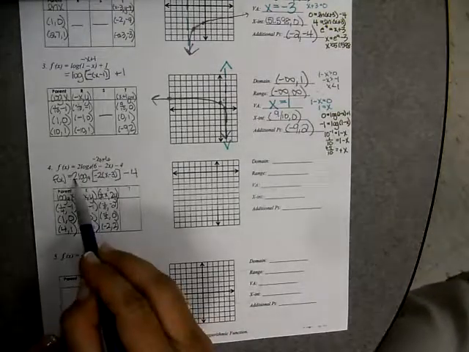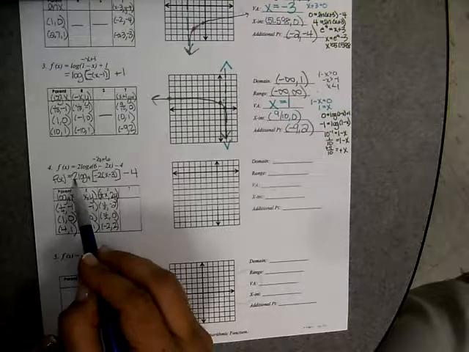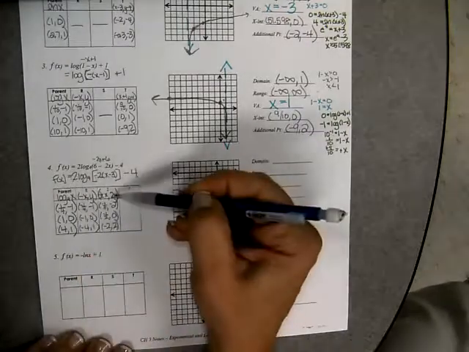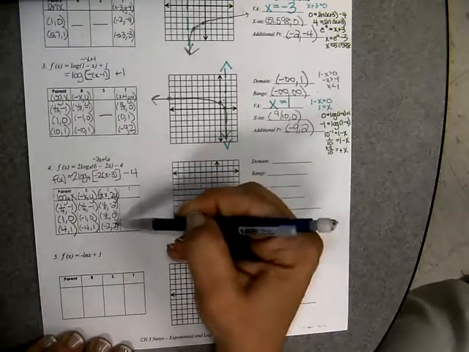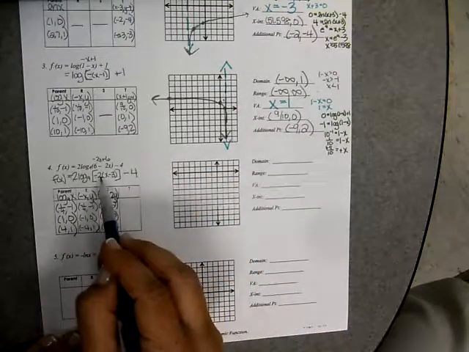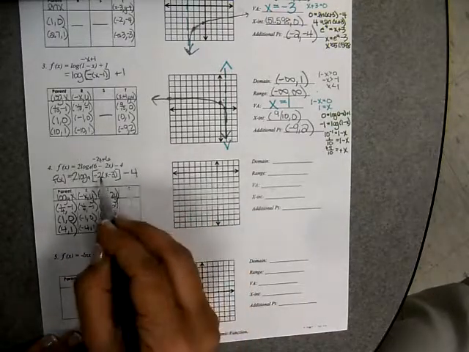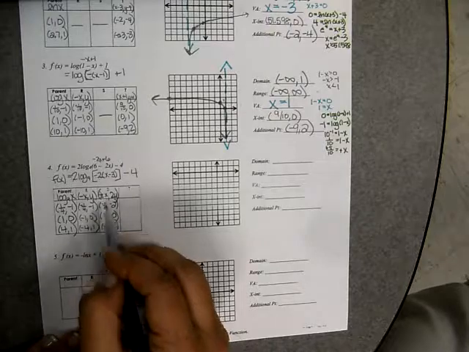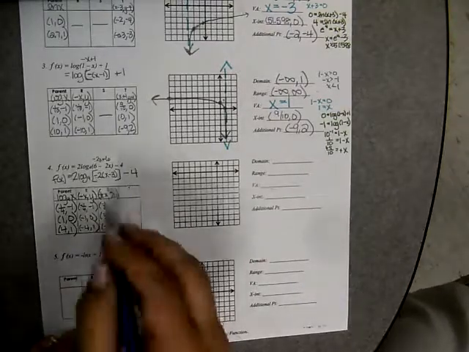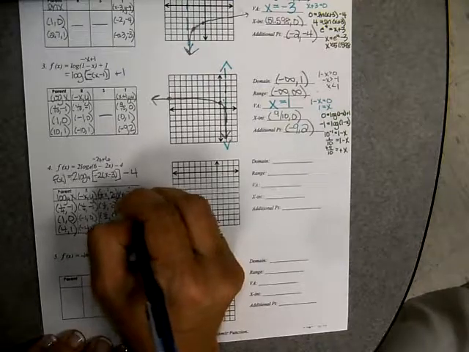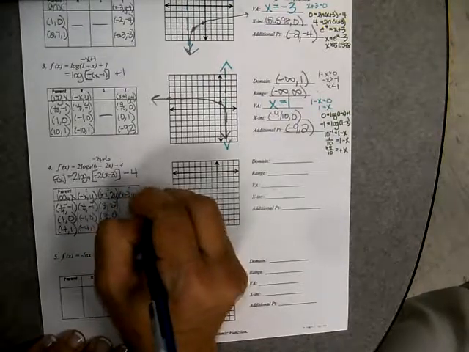So again, remember that the vertical stretch that affects the y is on the outside of the function. If we see a 2, we're going to double the y. But if it's on the inside of the function, part of the operator we're dealing with, then it's the reciprocal of what we see on the x. And let's see, we also have some translating. This looks like we're going to translate to the right 3 and down 4.